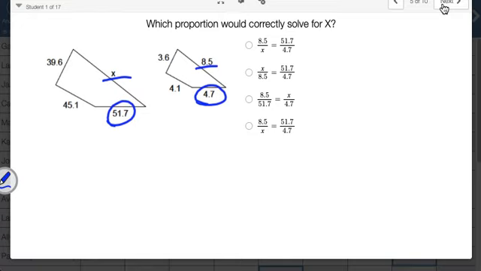Okay, let's look at number 2. So X is on shape 1, 8.5 is on shape 2, 51.7 is on shape 1, 4.7 is on shape 2. So we good to go there? Okay. Yes, that one is the correct answer.